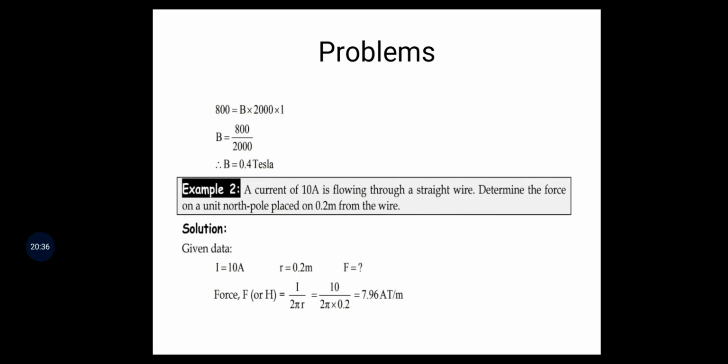I equal to 10 amperes divided by 2 pi into r, where r equals 0.2 meters. 10 by 2 pi into 0.2 meters equals 7.96 ampere turns per meter.